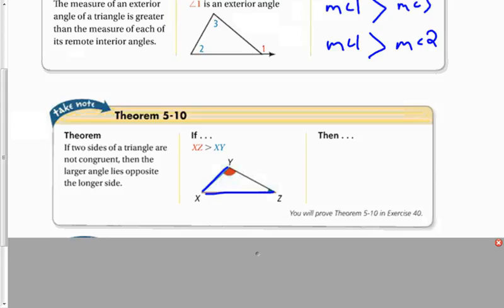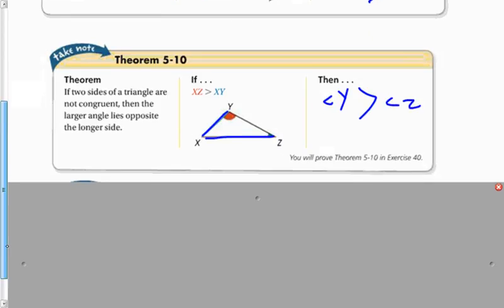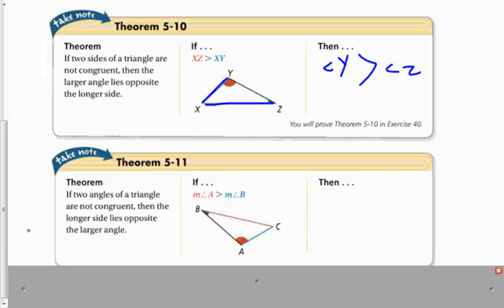So basically, if we have two sides that are not the same length in a triangle, then XZ is longer, so the larger angle would be opposite that side. So we would have angle Y is greater than angle Z.